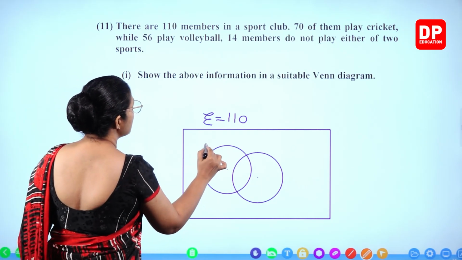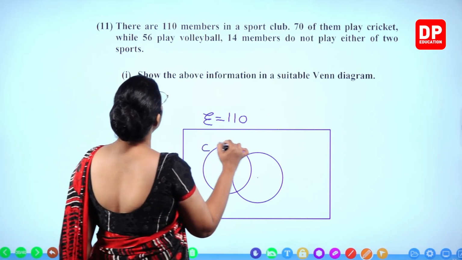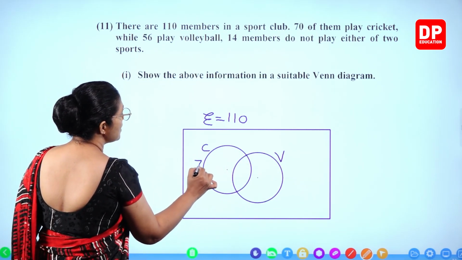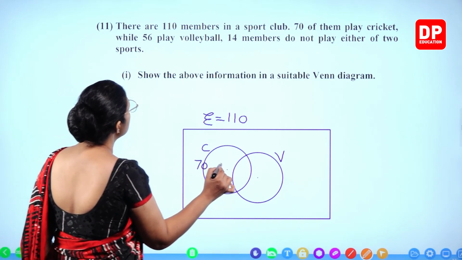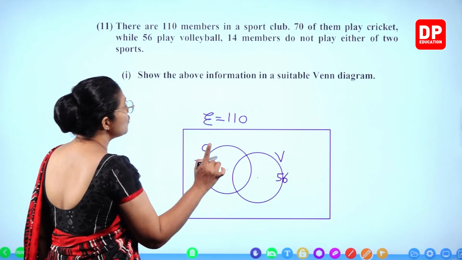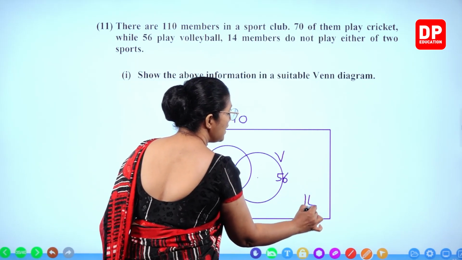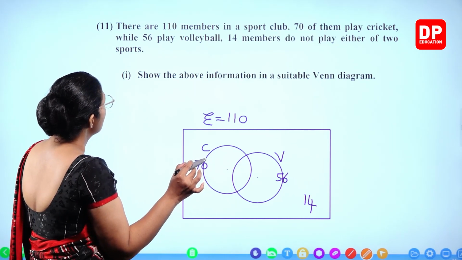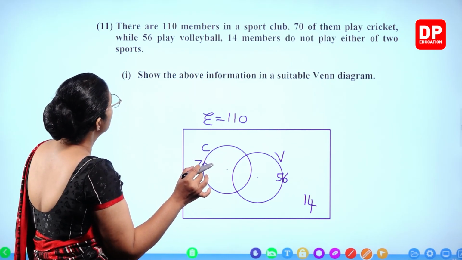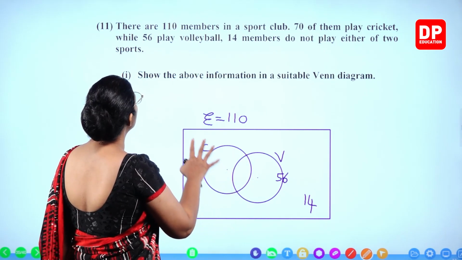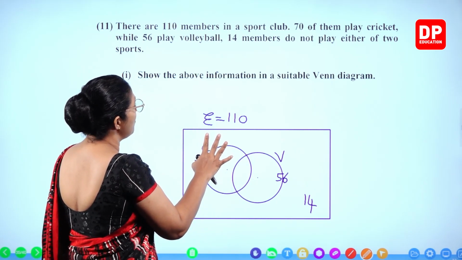Those who play cricket, I'll put C for cricket, and volleyball V. 70 members play cricket and 56 play volleyball, and 14 members do not play. So 14 is outside the 2 circles. That's how you can show this information.